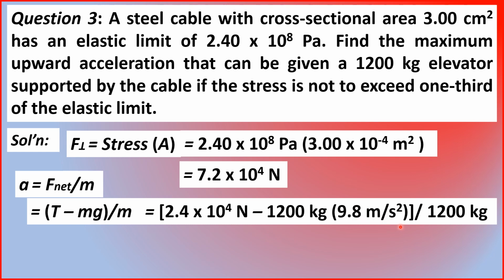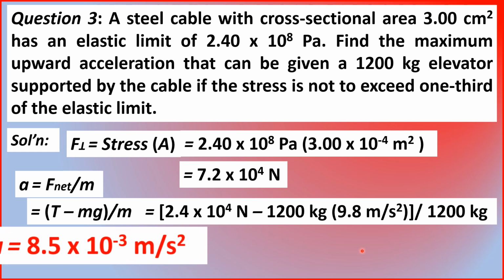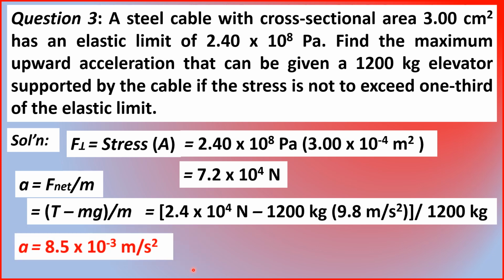All right. And then after getting the F net, we will divide it by the mass, 1,200 kilogram. And again, doing our math, we will get the value for the acceleration equal to 8.5 times 10 to the negative 3 meter per second squared. All right, and this is relatively a low value for the acceleration.